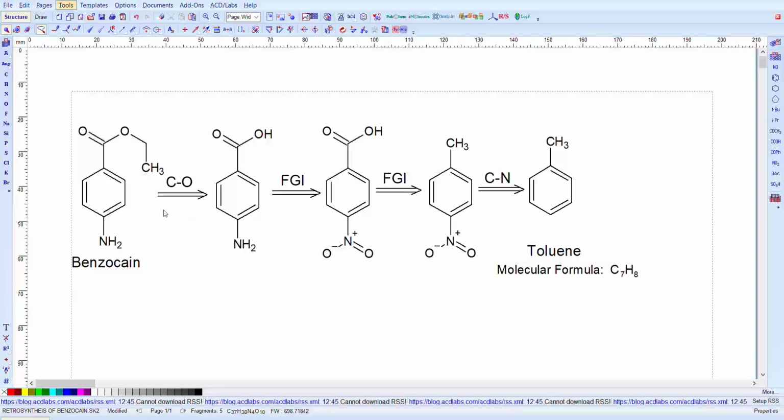Then there is the MH plus peak. Then the molecular weight, or formula weight. That is the property which we are talking about.